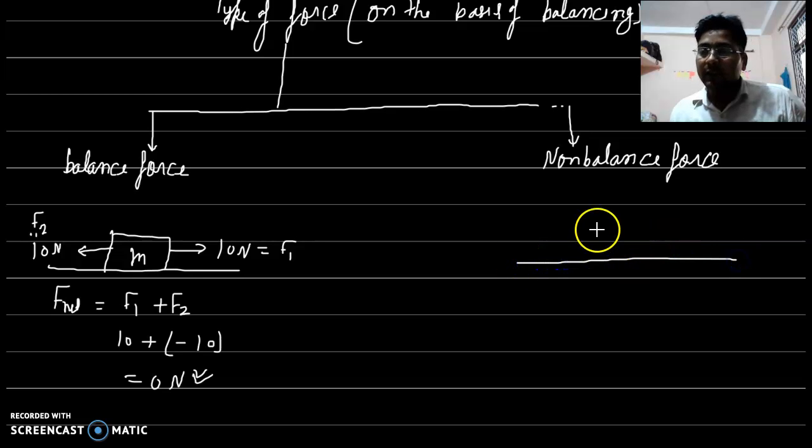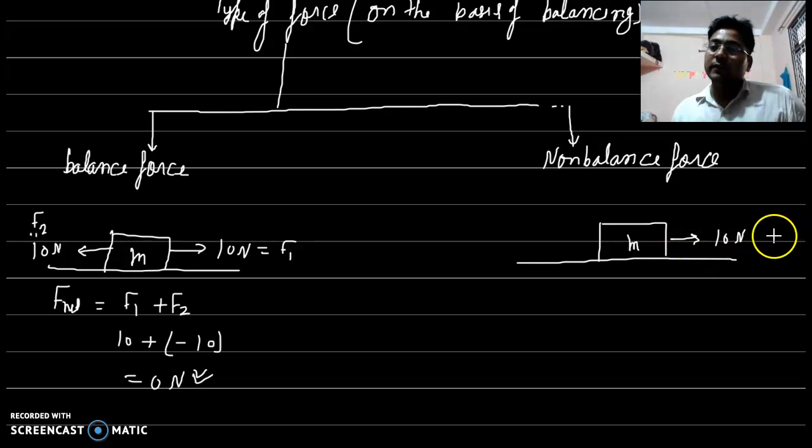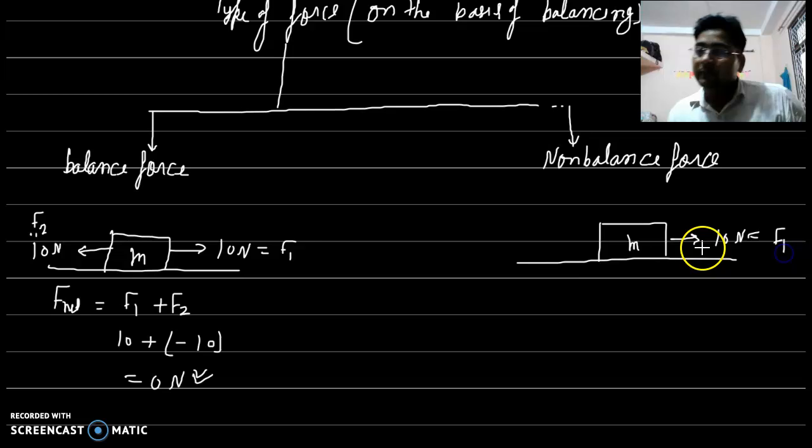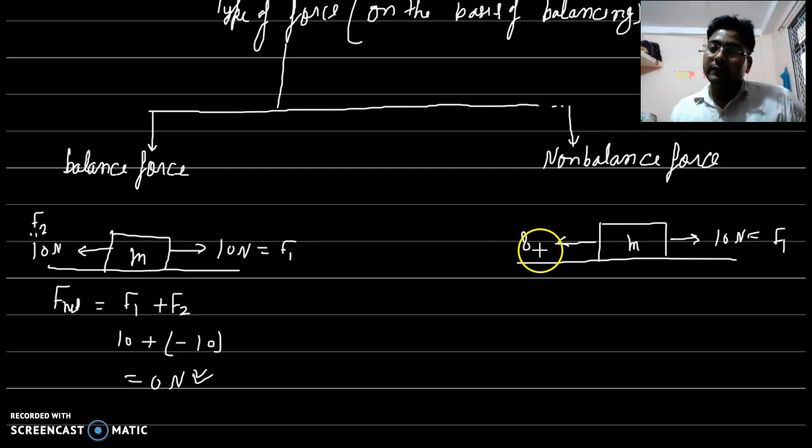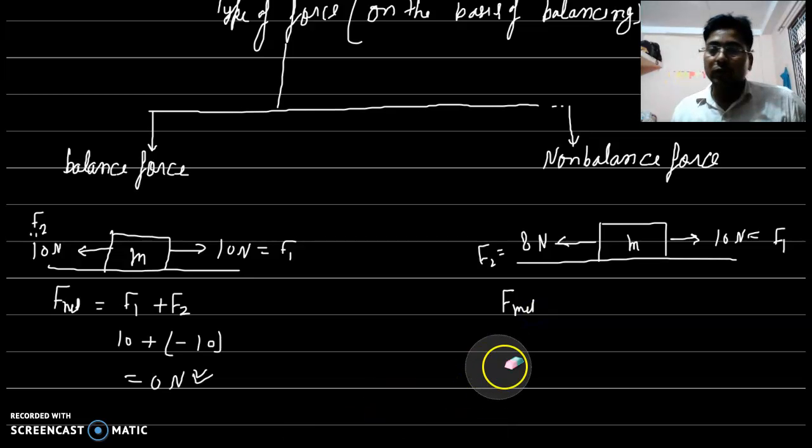And let us consider a body of mass m is kept on the surface and a force of 10 Newton is applied in the positive x direction, and let us assume this force is equal to F1, and a force of 8 Newton is applied in the negative x direction, and let us consider this force will be F2. Then the net force on the body will be equal to sum of the two forces.